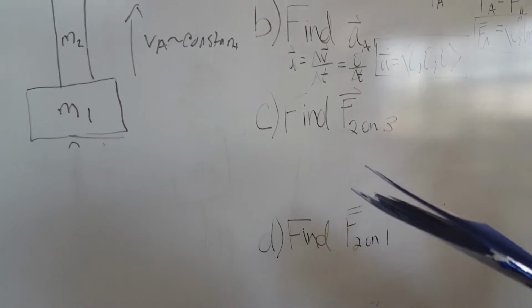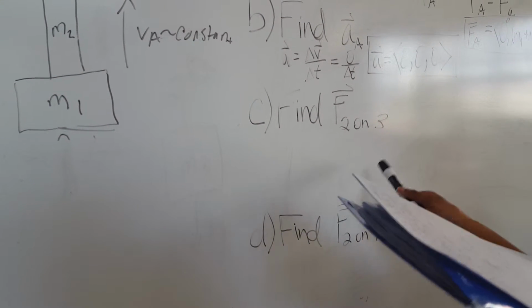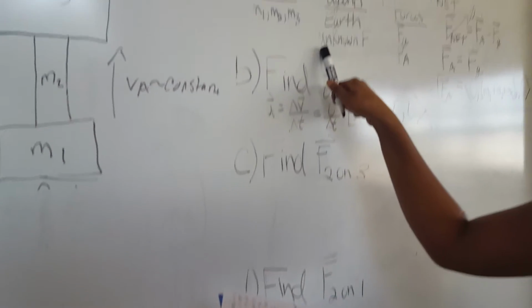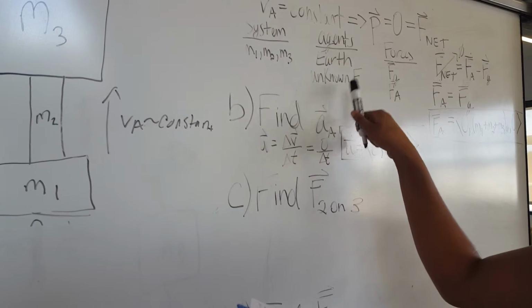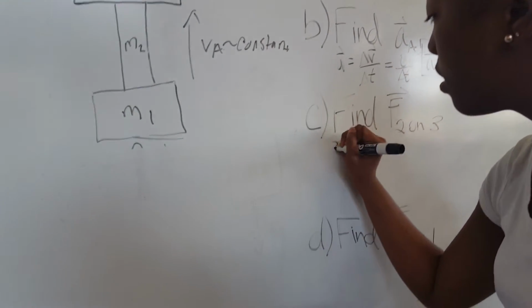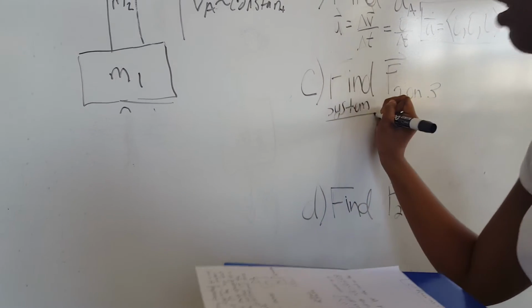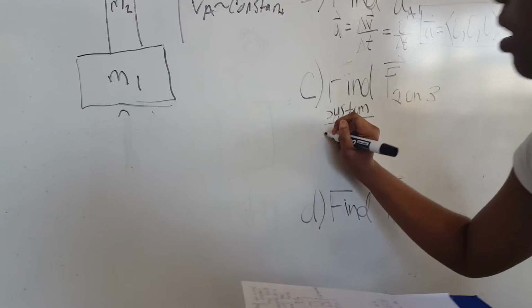The next part says find F2 on 3, which is the force exerted by the rod on the top block. So we'll have to do what we did in part A by choosing a system, identifying the agents acting on the system, and then using those agents to identify the forces. So for our system, we're going to say that M1 and M2 are in the system.